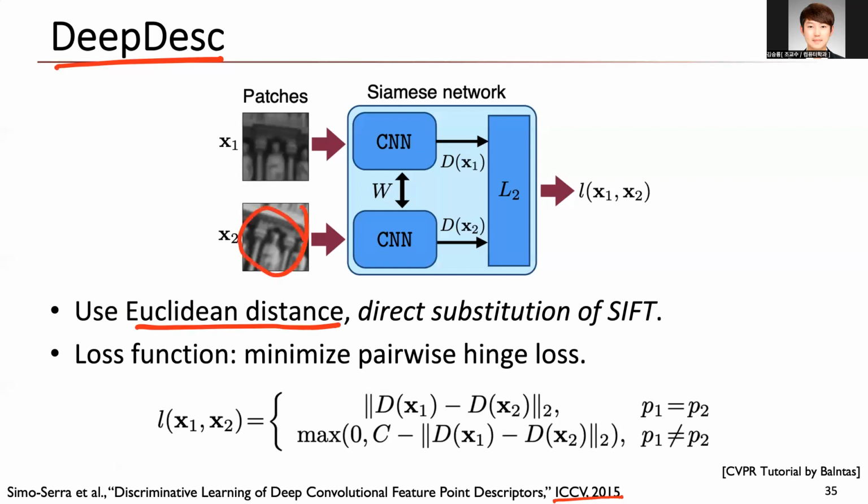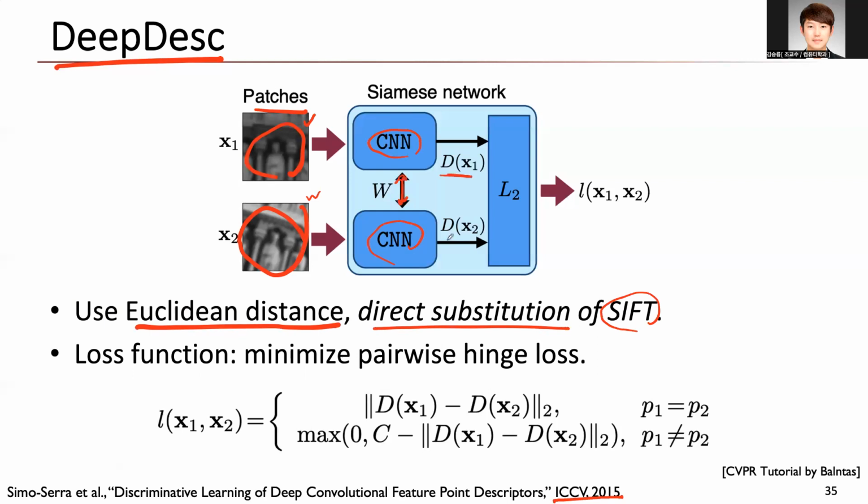How do they do that? They formulate a direct substitution of the SIFT descriptor from the two patches, patch 1 and patch 2, with a CNN architecture, with a shared one.